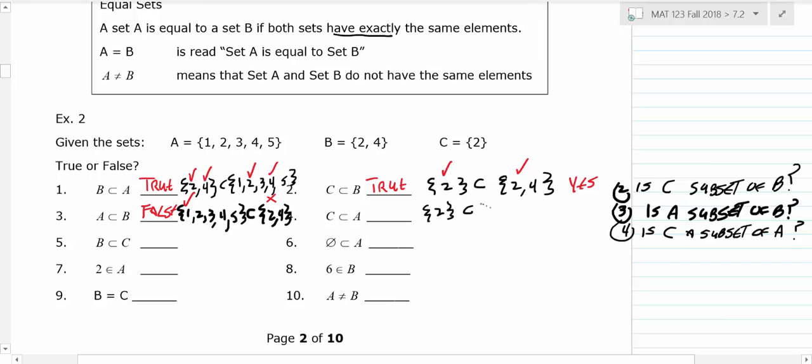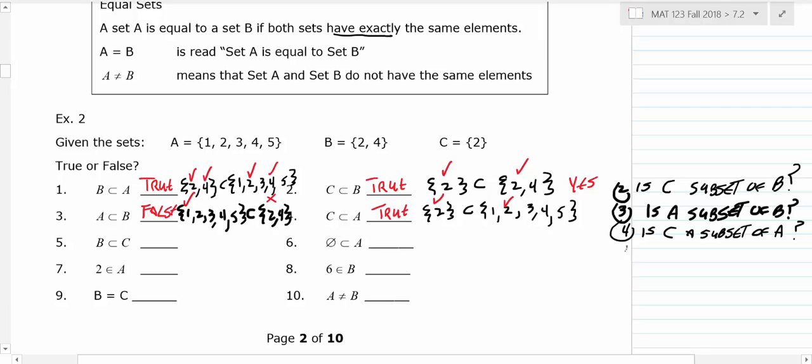A is 1, 2, 3, 4, 5. Okay, so we're going to ask, is 2 a subset of 1, 2, 3, 4, 5? All you got to do is ask this question. Is 2 also in C? It is. Okay, so that's true. All right, that's the idea. It's a little bit easier to see this stuff to me if you write it down.